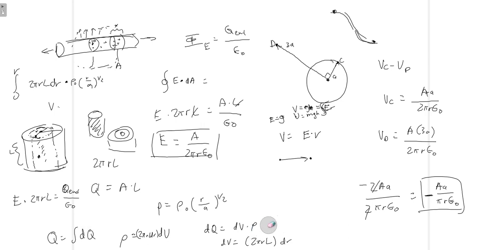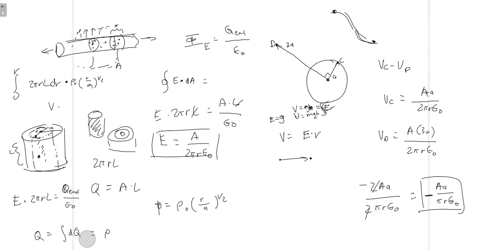Okay, yeah, this is the explanation. Let me rewrite this. The total charge within this cylinder is the integration of all these infinitely small pieces of charge. The infinitely small pieces of charge, when we add them all together, are equal to the charge density within this volume times whatever volume this charge is made up of.